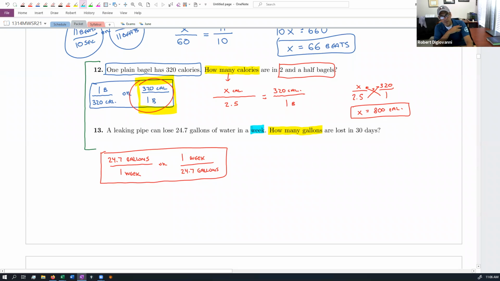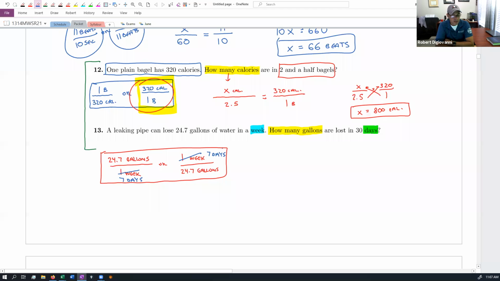Here we're given weeks, but we're asked to discuss how much is lost in a certain amount of days. So we either need to convert everything over to days or everything over to weeks. And I think it's easier to turn our given ratios into days. So just change 1 week to 7 days, and change this 1 week to 7 days.